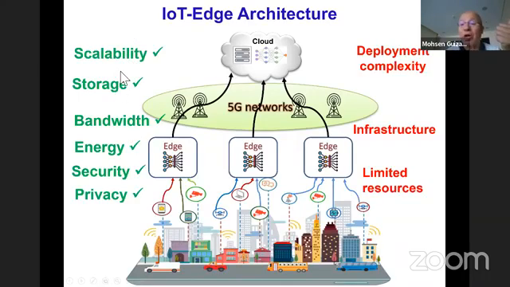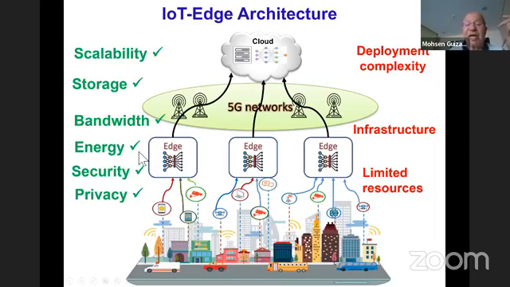Scalability is no longer a problem because we are controlling the increase of IoT devices with the edge device. Storage is no longer a problem because we are no longer sending the raw data to the cloud. We are trying to pre-process and pre-clean it at the edge device. Bandwidth is no longer a bottleneck because the network is relieved now, as we are not sending the raw data through the network.